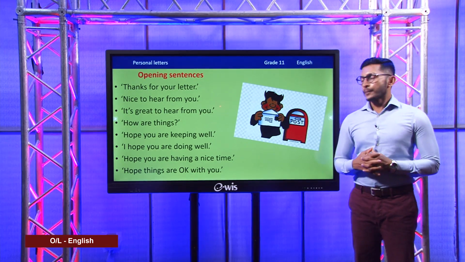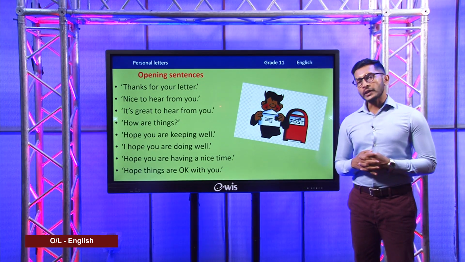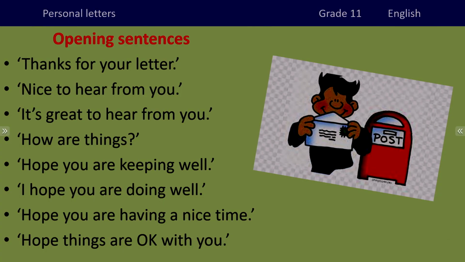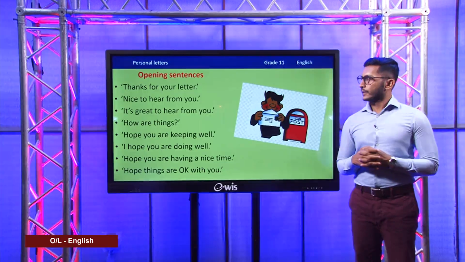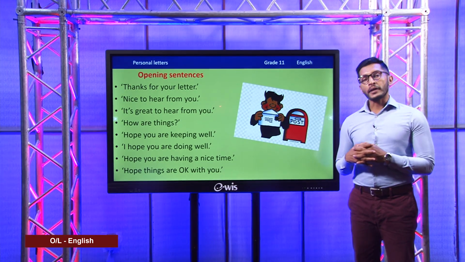Now with this, I'm going to show you some sentences that we can use in body of the letter. So when it comes to the body of the letter, we basically include three things in the body of the letter. They are opening, the message or the content, and closing. So these expressions will help you to start the body of the letter.